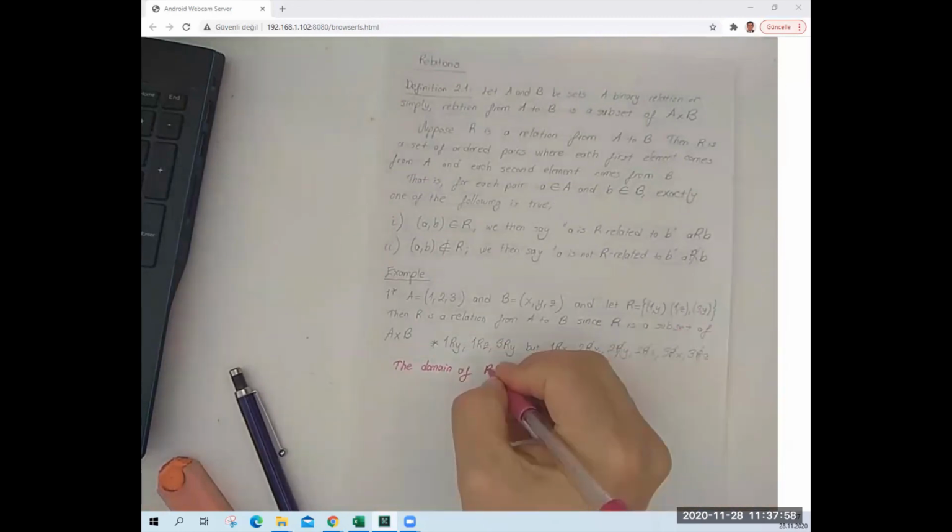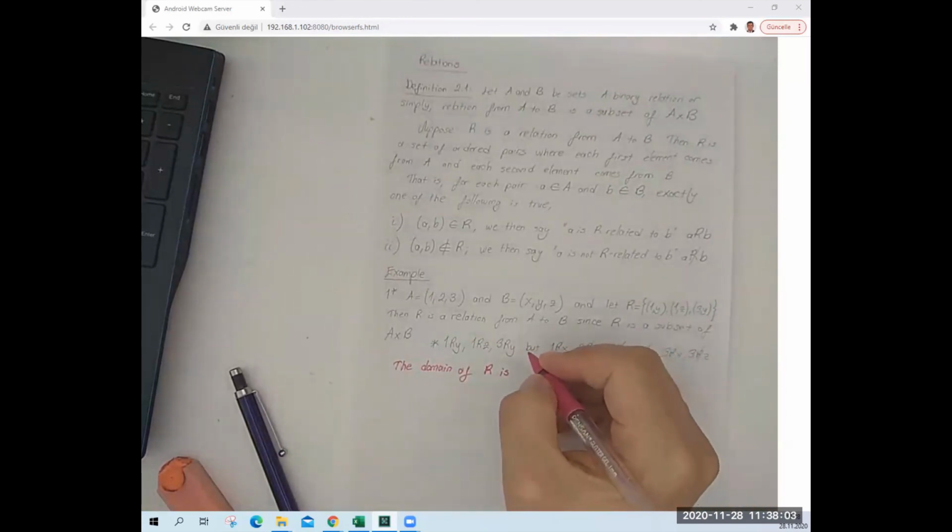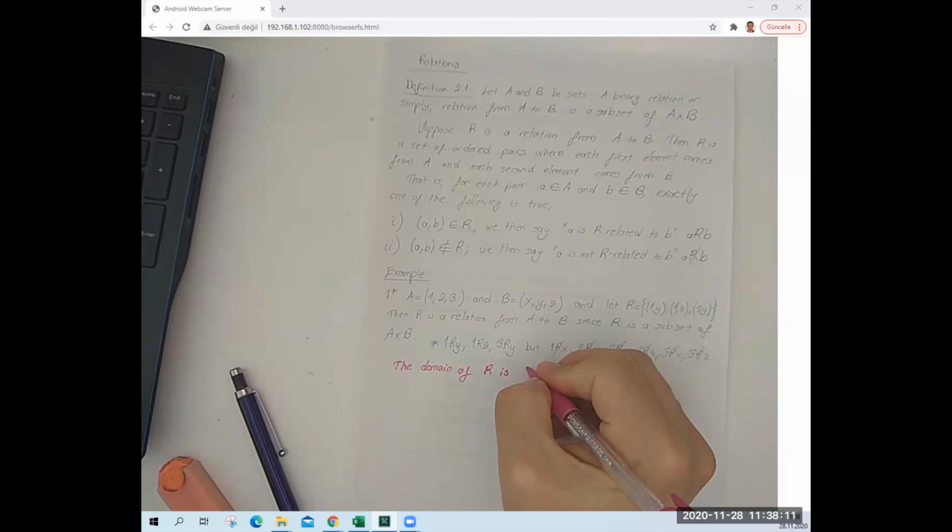The domain is 1 and 3, and the range is Y and Z. So this is important, and we will use it for explanation in our future lecture part.